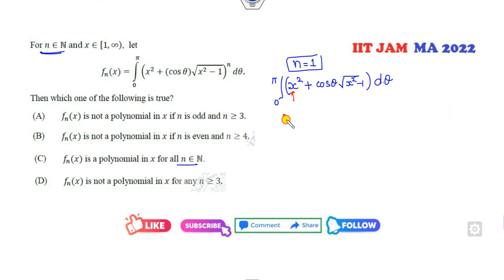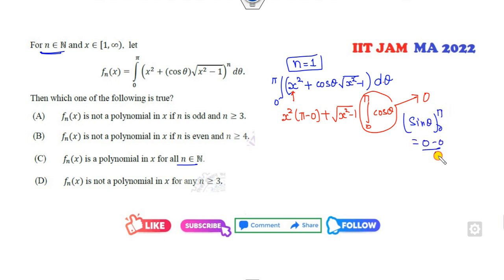So what is the first integration? x squared is outside, it is minus 0. x squared minus 1 is outside, it's a cos theta. So what is the integration of this? It's 0. Why? Because the integration of cos will be sine from 0 to pi. Sine pi is 0. Fine. So this number will be 0. It is pi x squared. It is a polynomial. But he said for all n, it is not a polynomial.